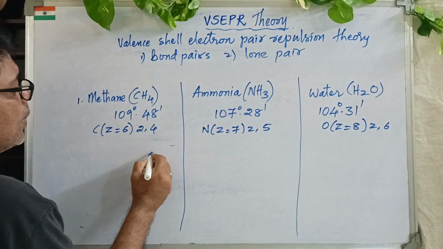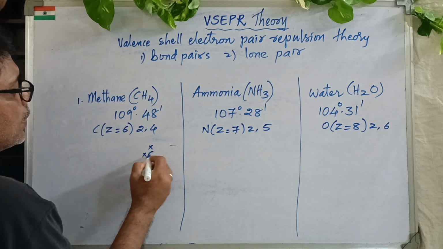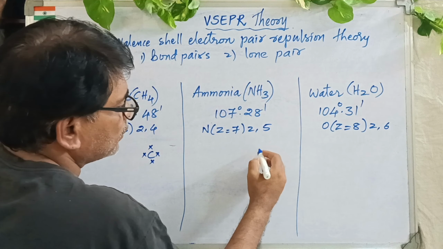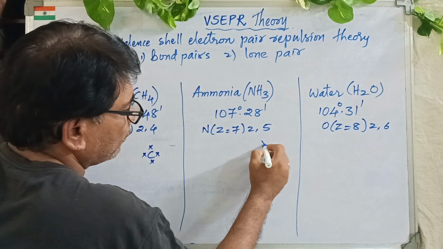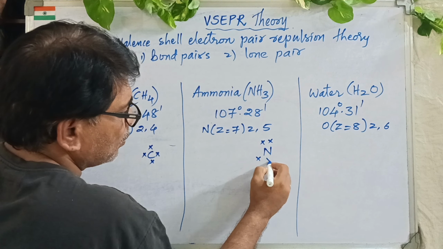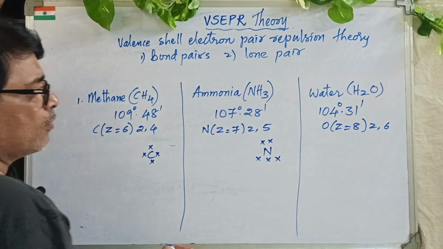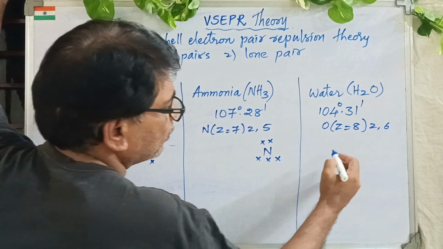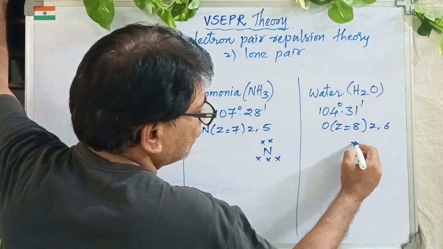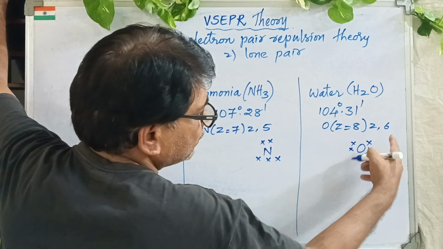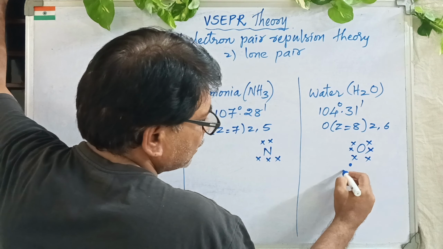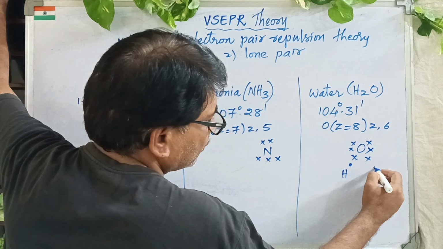So around carbon, these valence electrons are represented. Nitrogen has 5 valence electrons, so you require 3 more to satisfy 8. Oxygen has 6 valence electrons, and 2 more are needed to obtain the octet configuration.